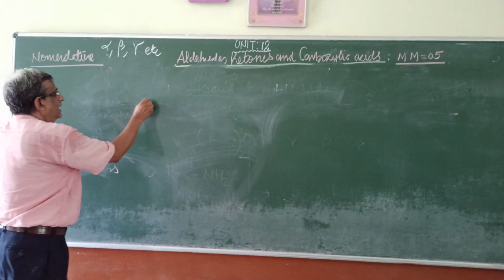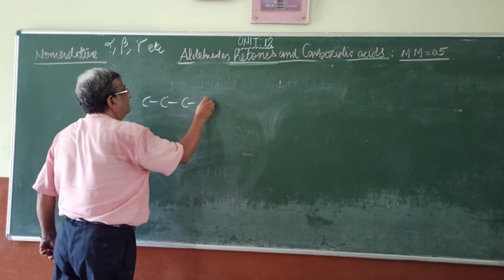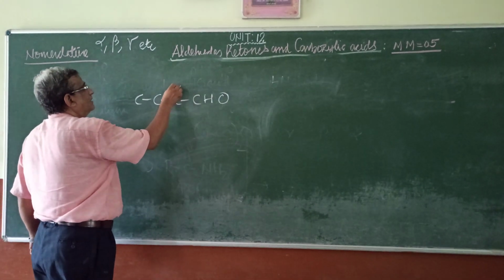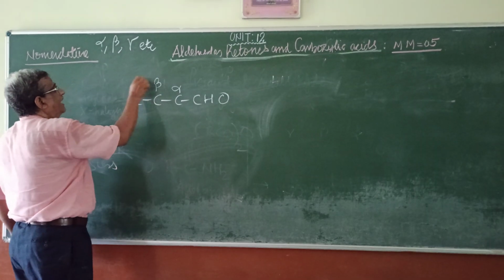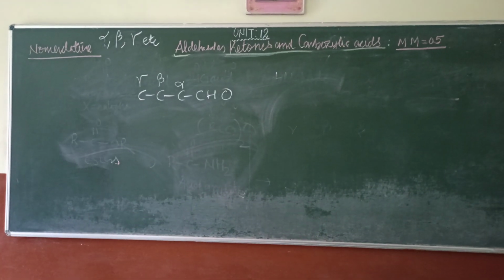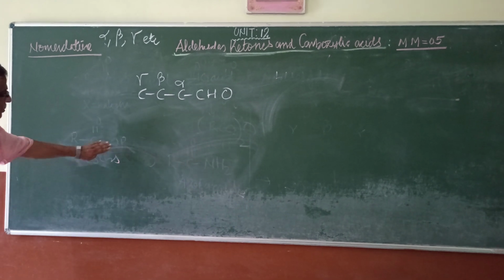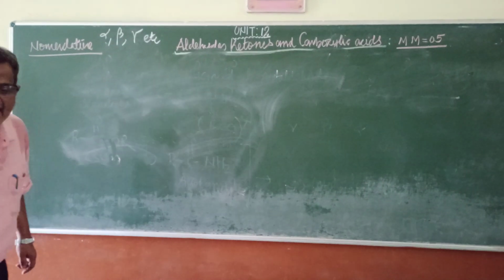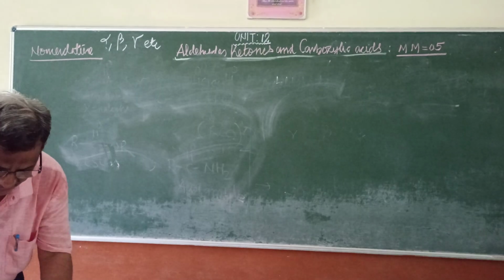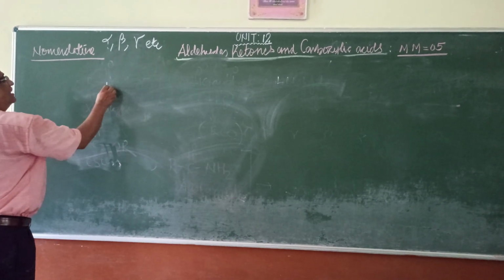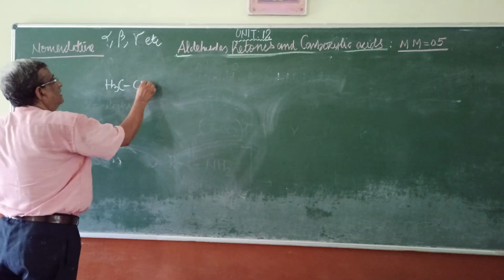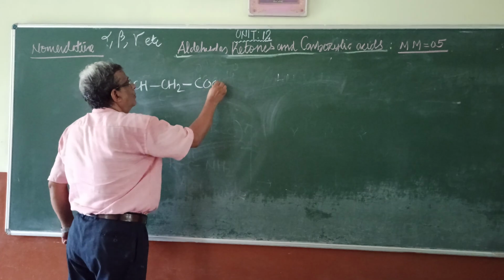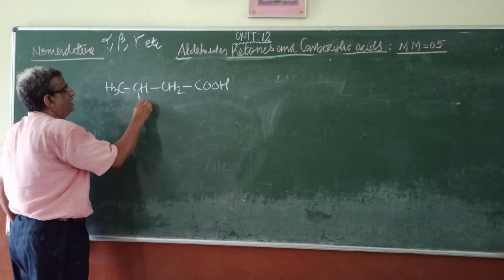For example, I have the carbon chain length. This is the carbon chain length. This is the functional group. This carbon is alpha, this is beta, and this is gamma, and so on. I will give you one example of this, rather two examples, and one of them has been asked in the board examination. CH3, CH, CH2, COOH, I add here Br.